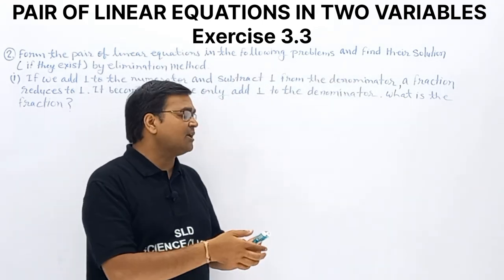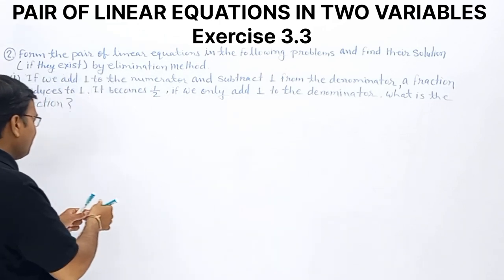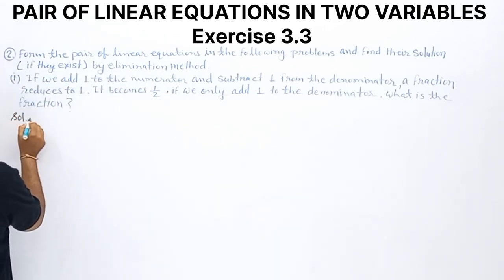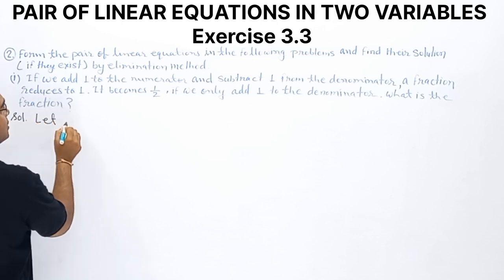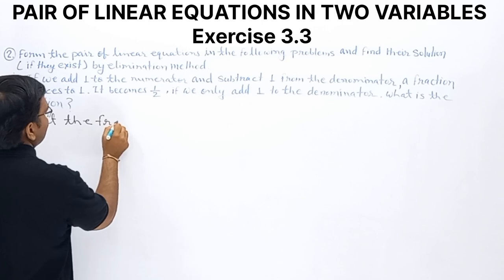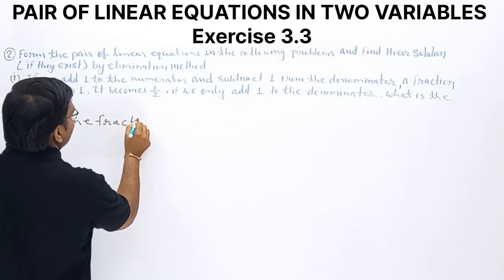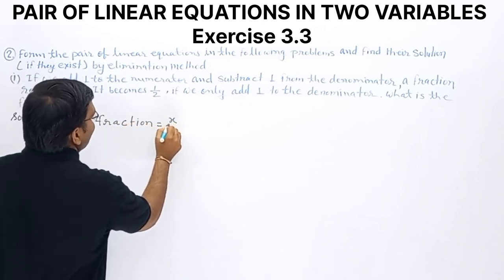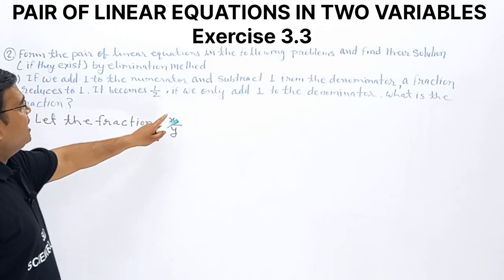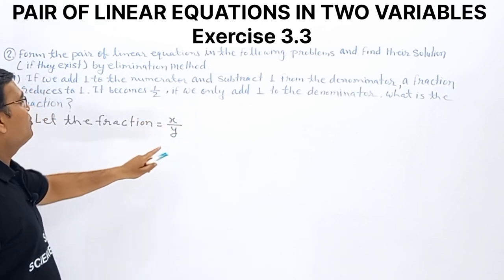We want the fraction, so whatever we want, we will assume. Let the fraction equal x upon y. The fraction is x upon y, ratio form.